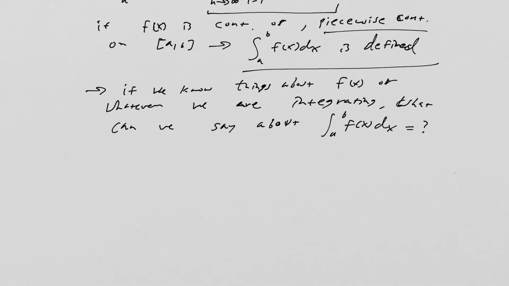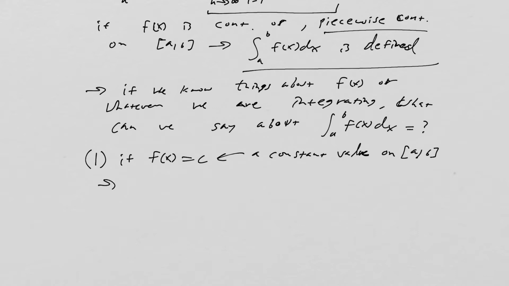So the first fact I'm going to say is if f of x is just a constant value on the interval a to b, then I can write it as follows. That's the integral from a to b of the function that's just c dx, and we expect this to be c times b minus a. This makes sense if we think of it graphically.